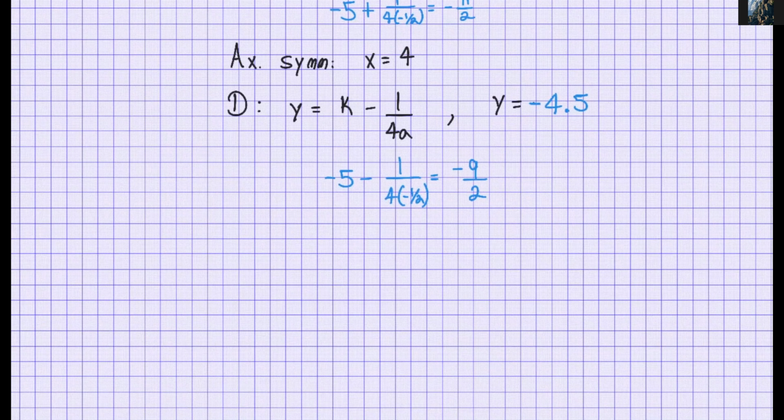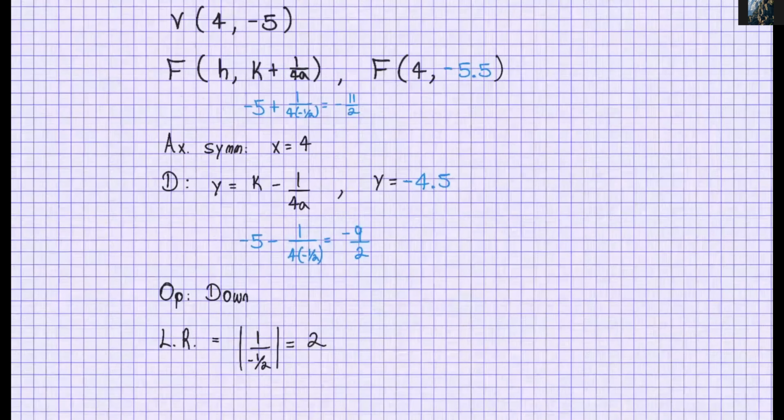Now, we know that the opening will be pointing downwards. And finally, the length of the latus rectum will be the absolute value of 1 divided by a, which in this case is negative 1/2. So this is 2.